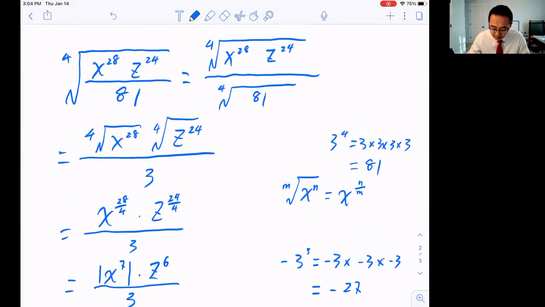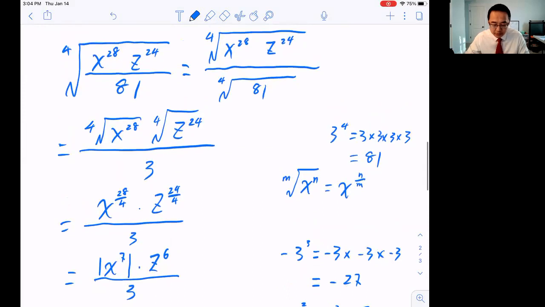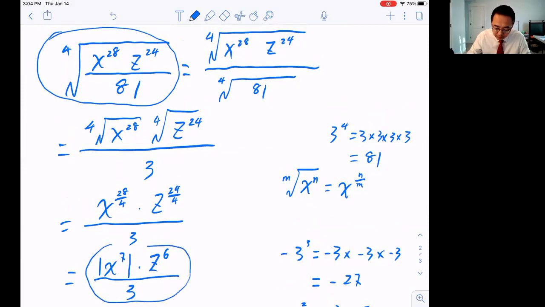So this is the simplest you can get it to. When I say simplify, that big chunk of mess right here, you can simplify it down to this eventually.